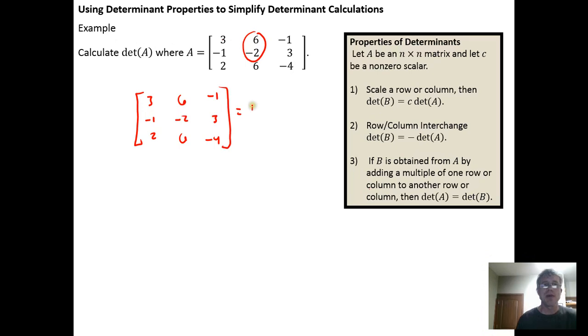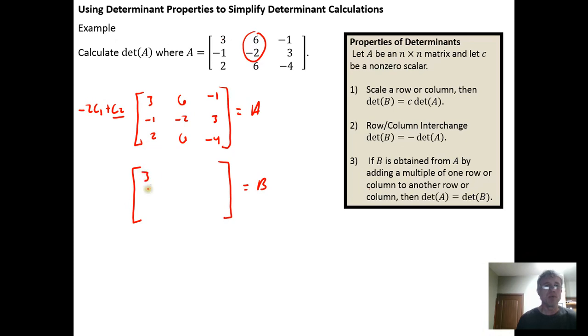If we take negative 2 times column 1 plus column 2, replacing column 2 with the result, we'll get 0 in both of these positions. So we wind up with a new matrix, which we'll name B.